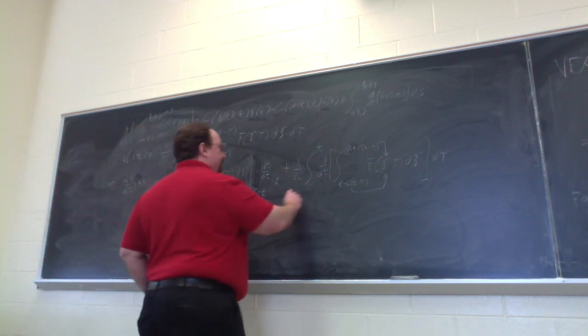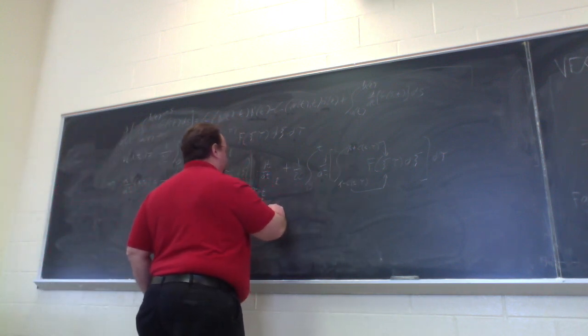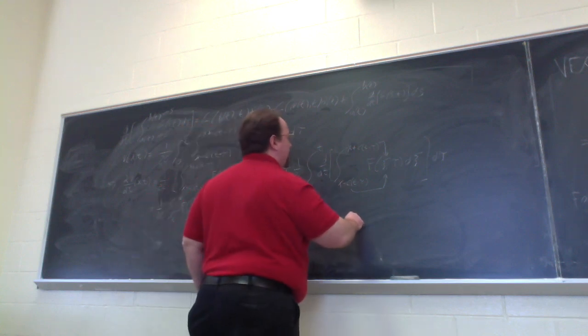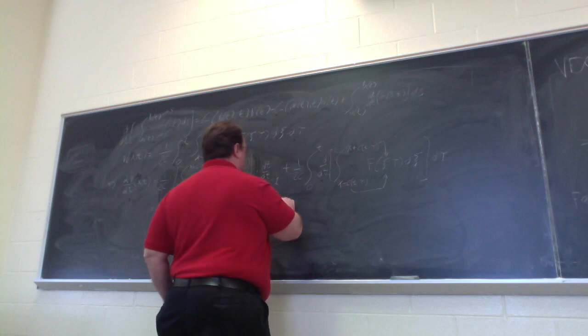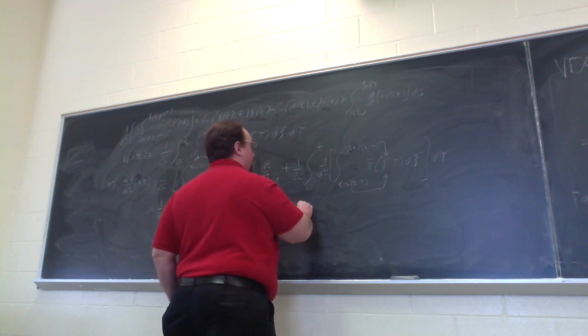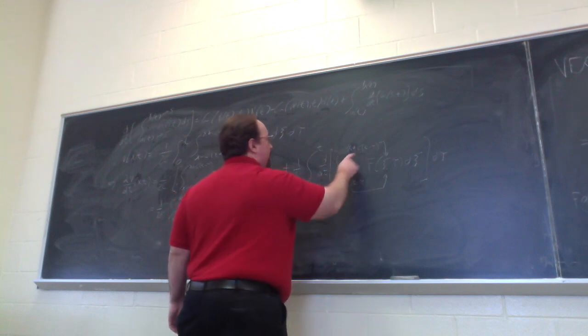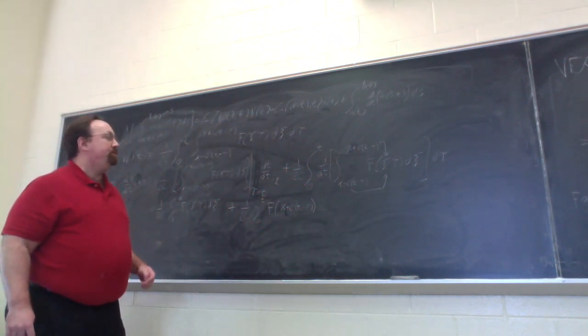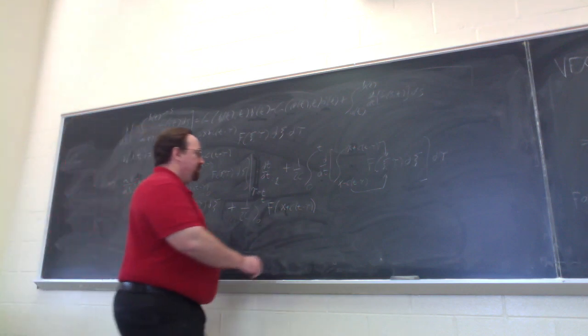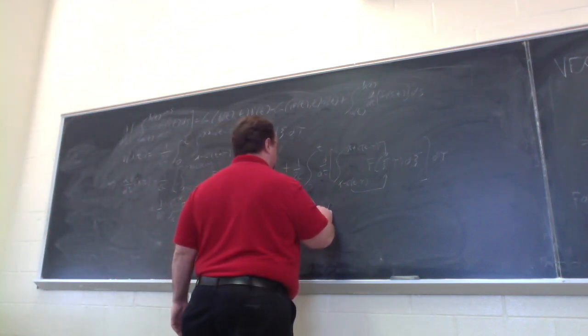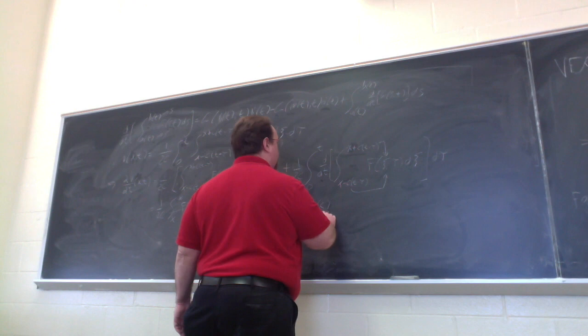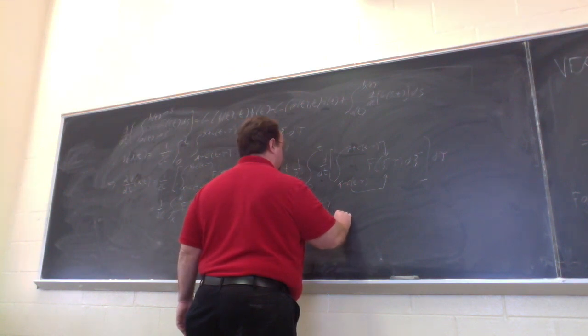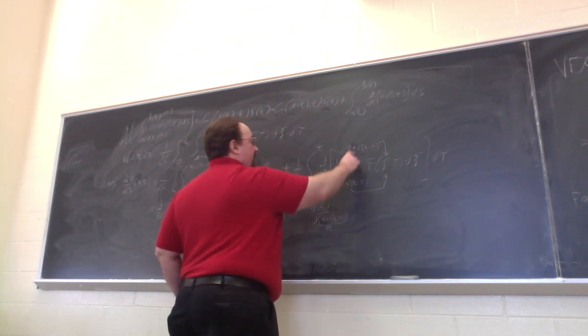So what we'll have is f of this upper limit, x plus c(t minus tau), times the derivative of this limit with respect to t, which gives us a c. So this is the derivative of the upper limit with respect to t. Okay.